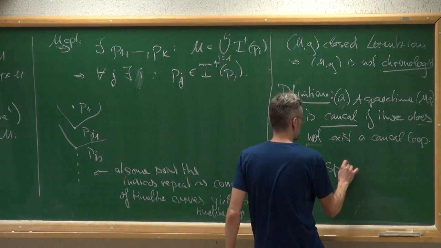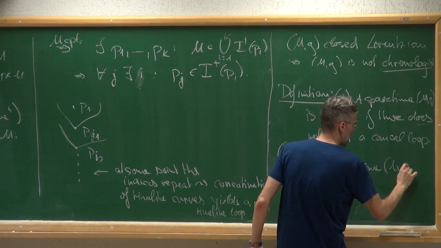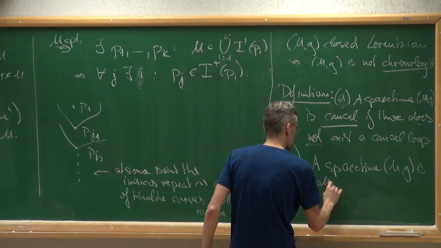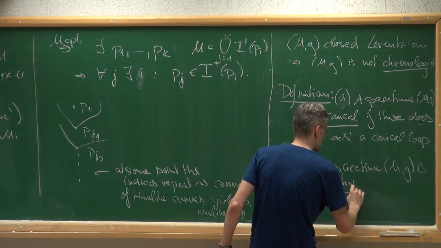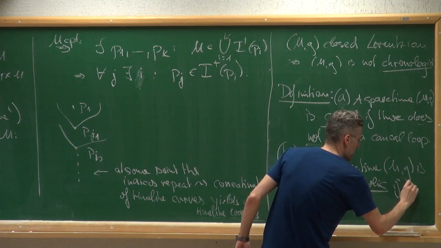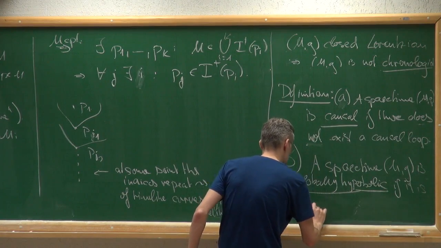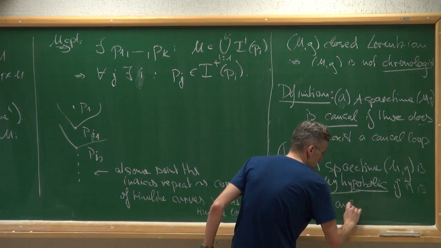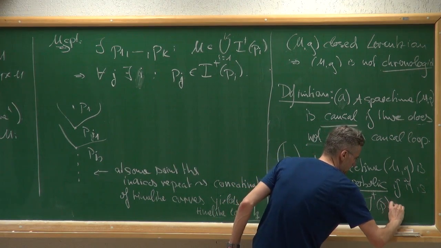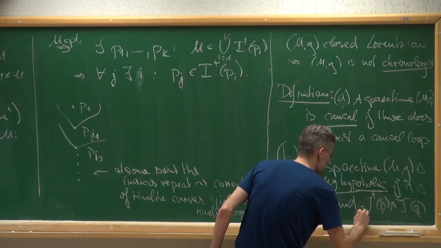A spacetime (M, g) is globally hyperbolic if it is causal and the sets J plus of P intersected with J minus of Q, for a second point Q, are always compact.